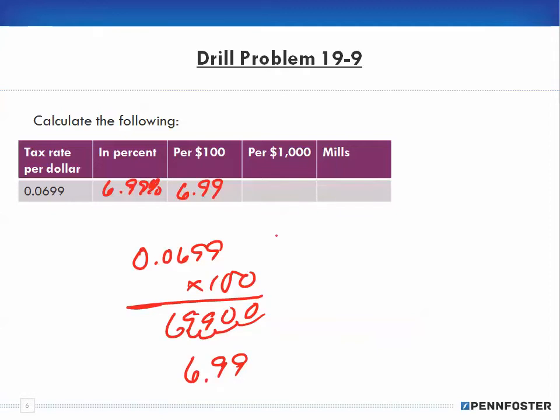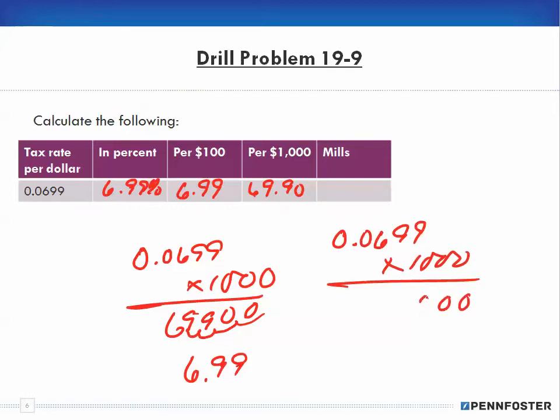If that's per 100, then if we just added another decimal place, it's going to make it 69.90, or if you do the math, 0.0699 times 1,000 is 69.90.